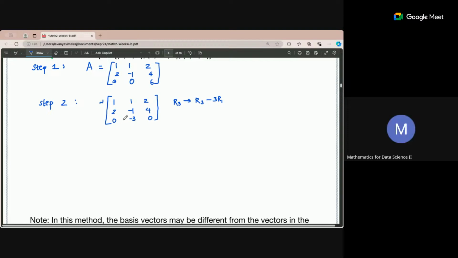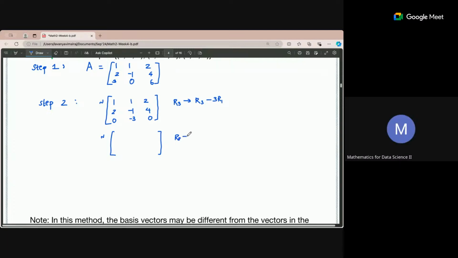Yes, row reduction can be done in any method, and whatever you are saying is also one way to do it. Everyone can do it in a different way, so what you're saying is correct. What can be the next step? Similarly for row 2, we can replace R2 with R2 minus 2 R1.